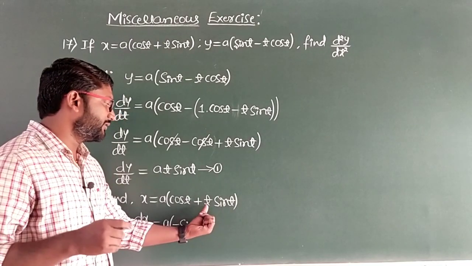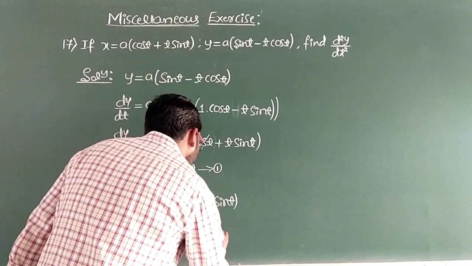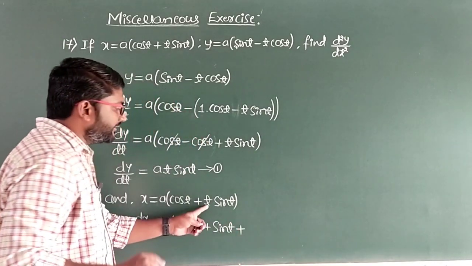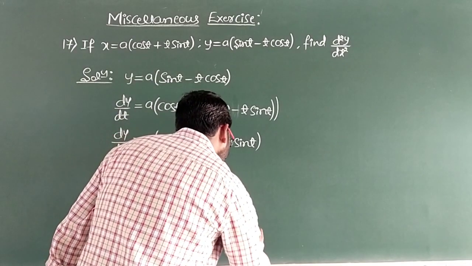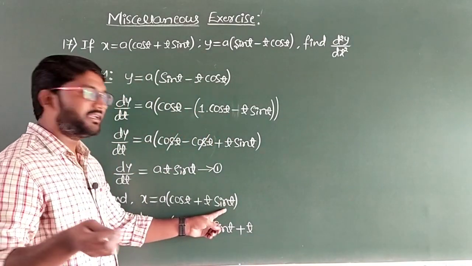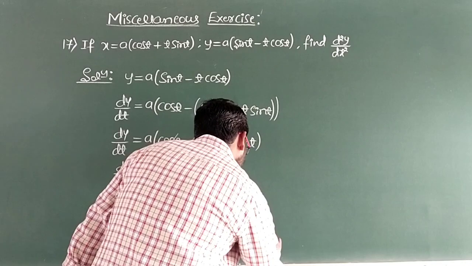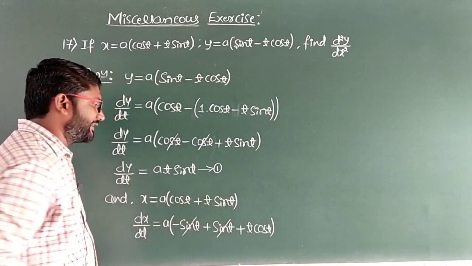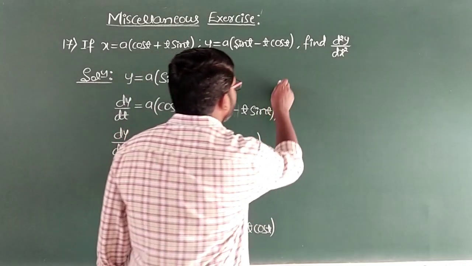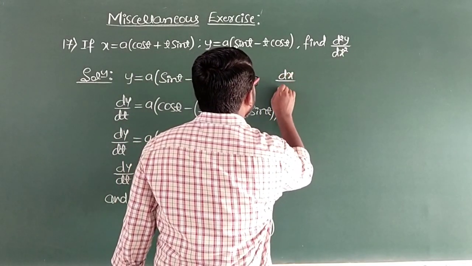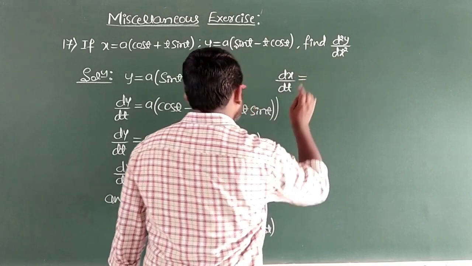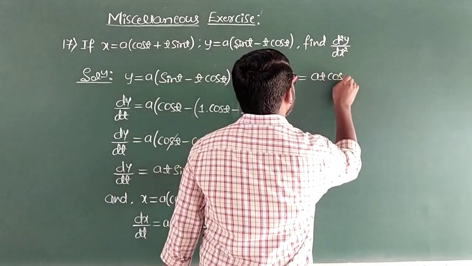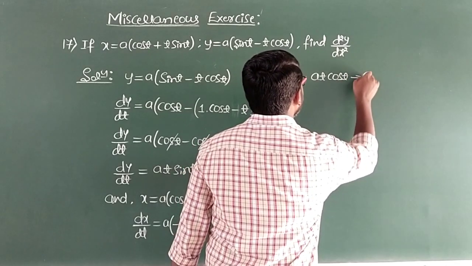Derivative of t is 1 into sin t, it will be sin t, plus, now write t as it is, derivative of sin t will be cos t. Close the bracket now. So minus sin t plus sin t get cancelled. Write the remaining term now: dx by dt equals a t cos t. Call this equation number 2.